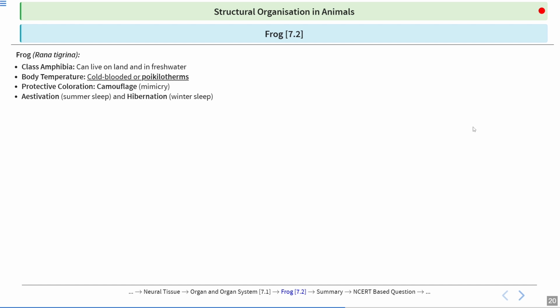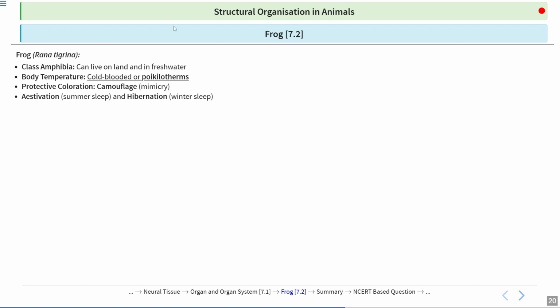It even respires at that time with the help of skin, right? It keeps its skin moist and takes oxygen through the skin only, because they do not require much oxygen for survival since metabolic activities are very low. But in the rainy season, they eat a lot and keep reserve food material inside their body, right?